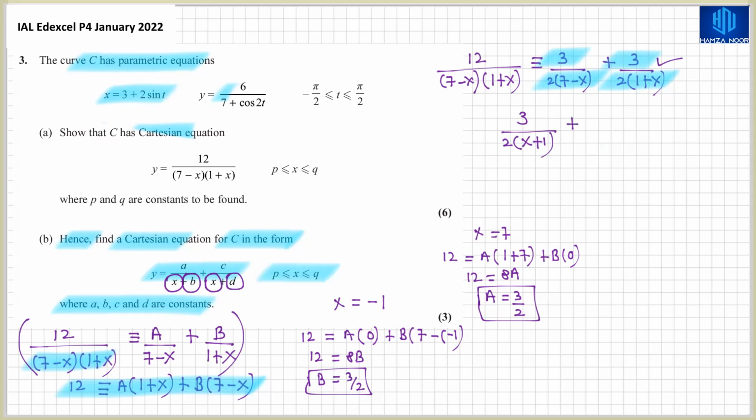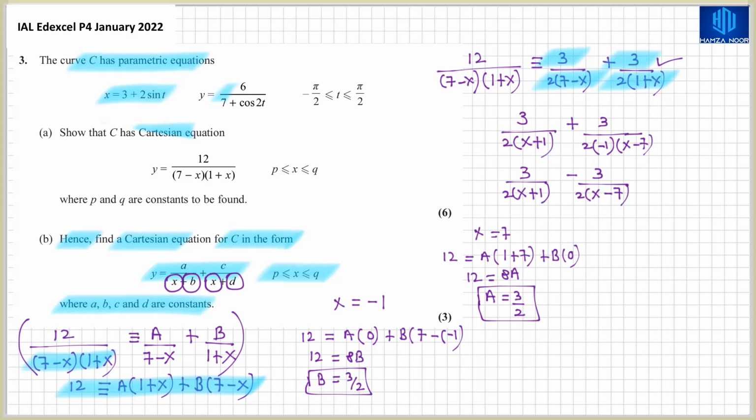And then plus 3 over 2 times, taking -1 as common so that I'm left with x - 7 inside. So now we can say 3 over 2(x + 1) minus 3 over 2(x - 7).